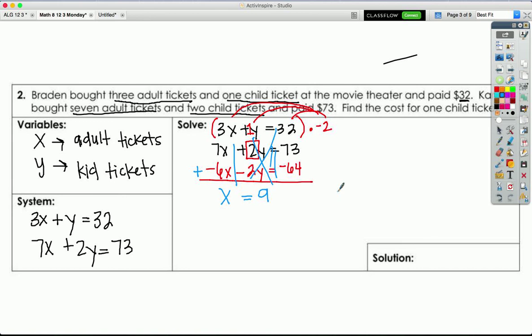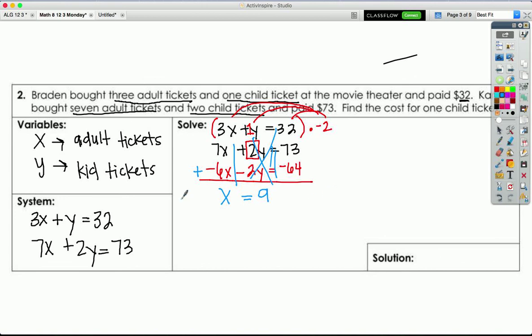You could have, but we would have had to make the X's cancel, and I had a 7 and a 3. Harper, if I know the value of X, how do I find the value of Y? Yeah, the original equation, either one.